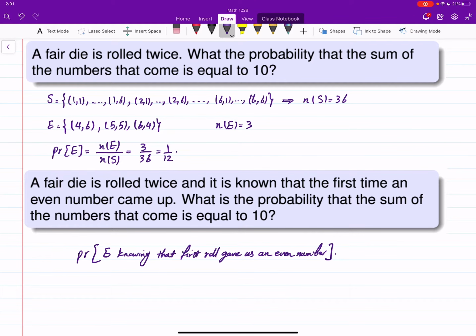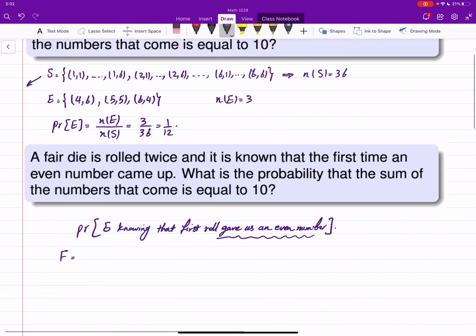So how should we deal with this case? Well, one thing to note is that the old sample space, just based on the information we have, won't work here. For example, we won't have any 1-1 case, because in 1-1, the first entry is not even. Maybe I should go ahead and define another sample space. So my sample space this time will only include the cases that have the first number even.